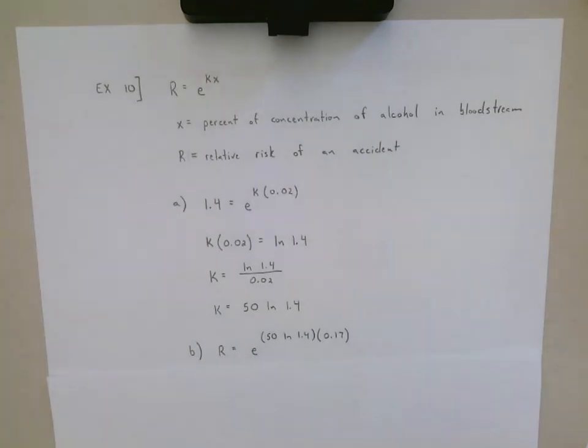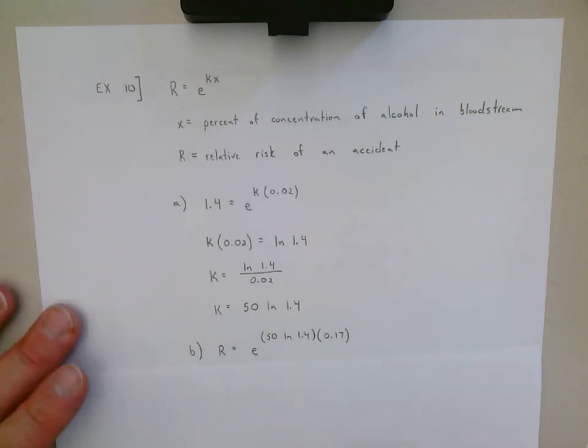In part B, we are asked to find the relative risk if the BAC of the driver is 17/100ths of 1%. Here's my independent variable, 17/100ths. Here's my constant found from above, and I see that my right-hand side is now a constant. There is no variable on the right-hand side.